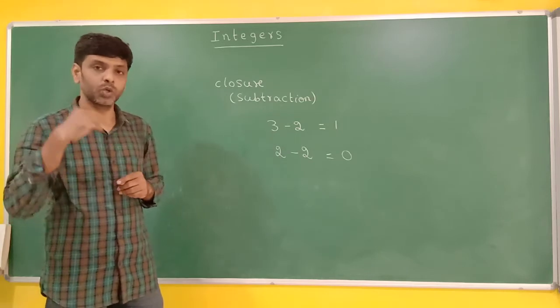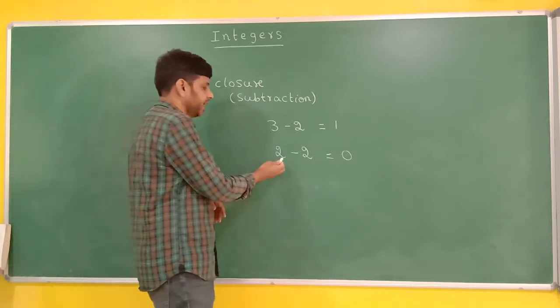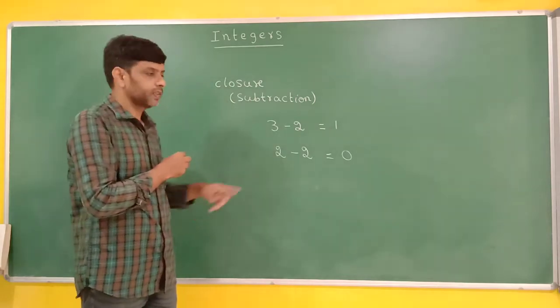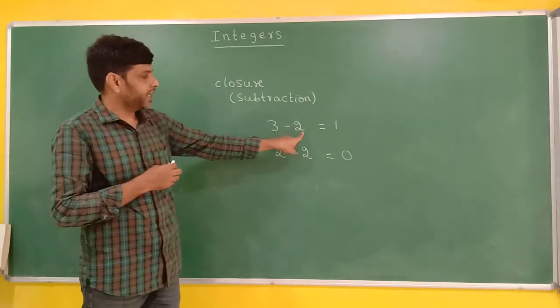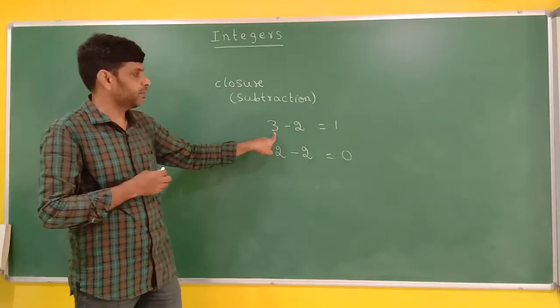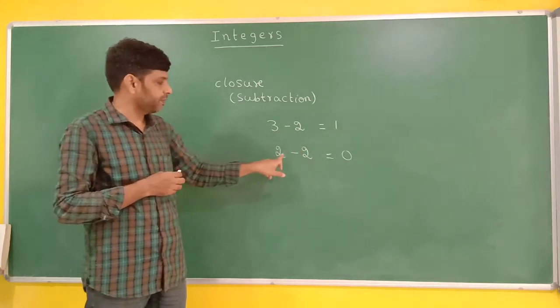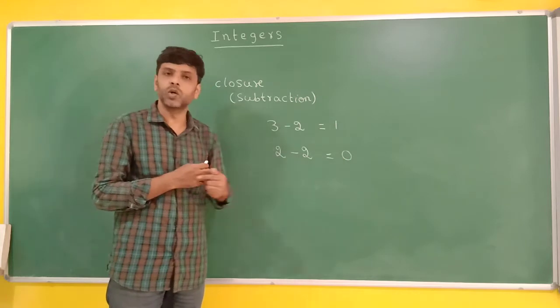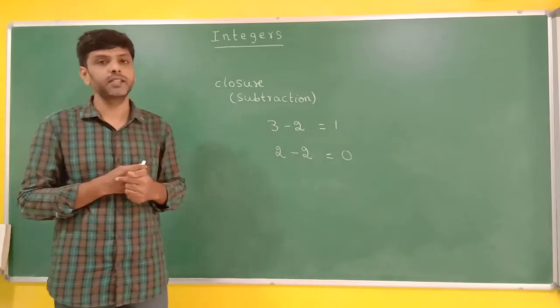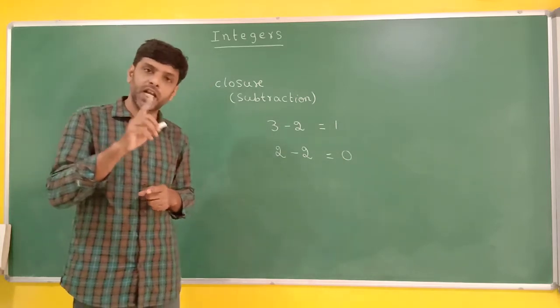Understood? Now let us go to whole numbers. You can take the same example. When I am subtracting one whole number from another whole number, I am getting a whole number. So, for whole numbers, closure property in subtraction is true.